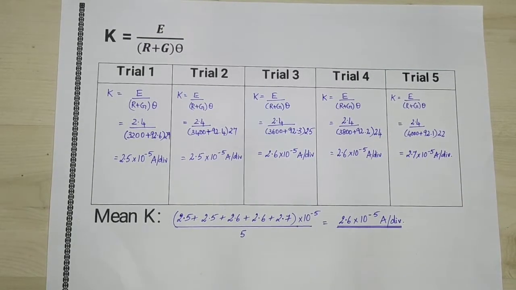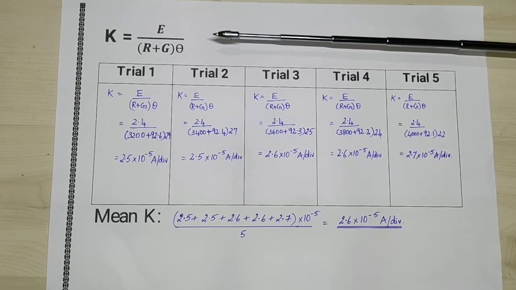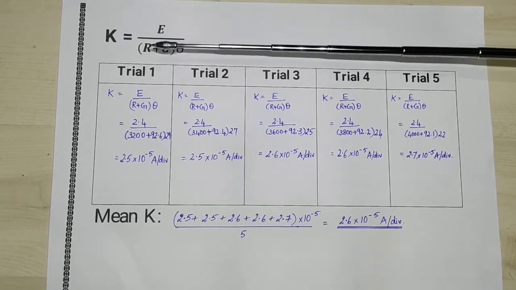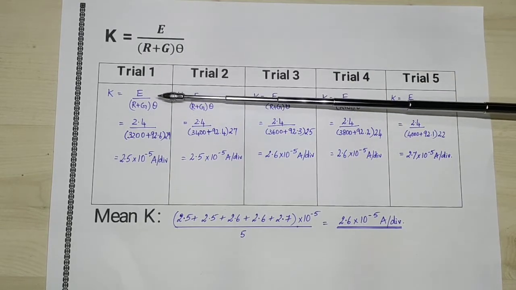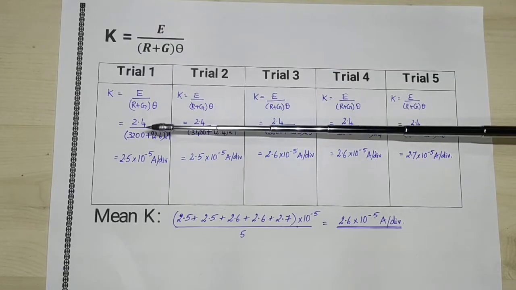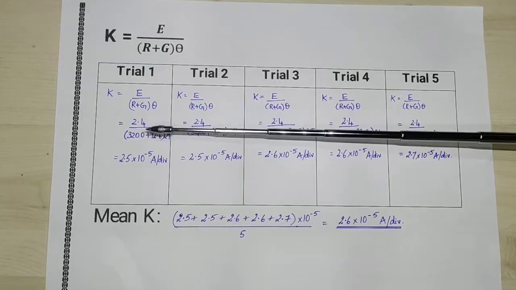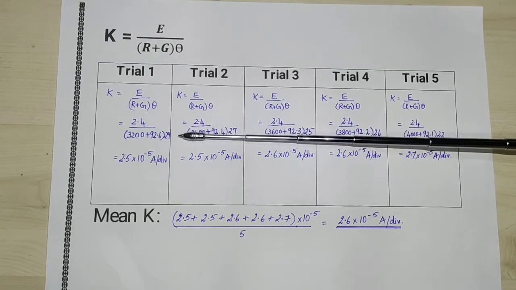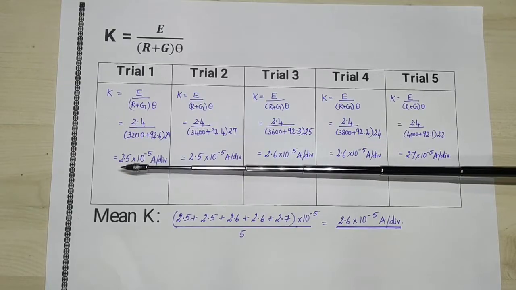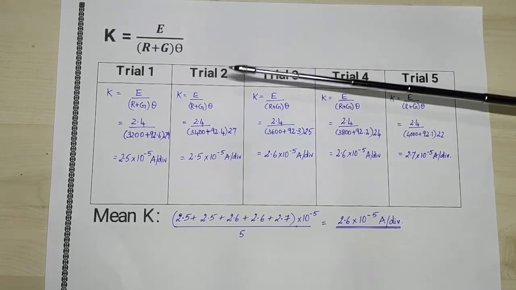Similarly, calculations for K, figure of merit, also need to be shown. So K is equal to E divided by R plus G into theta. For trial 1, for all trials of course E is 2.4, R plus G values are different, 3200 plus 92.6 into 29, and this gives you 2.5 into 10 power minus 5 ampere per division after simplification.